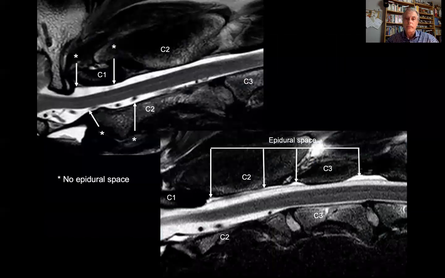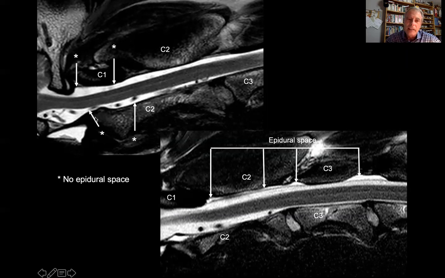Okay, so we are going back to the MRIs. So we see the spinal cord coming from the foramen magnum. We are at the cervical level, and surrounding the spinal cord is the subarachnoid space filled with CSF. And as you see, here there is no epidural fat. Why?